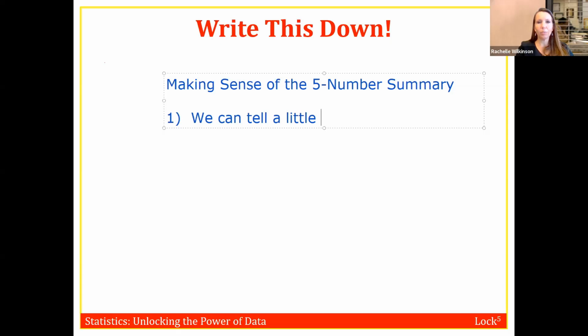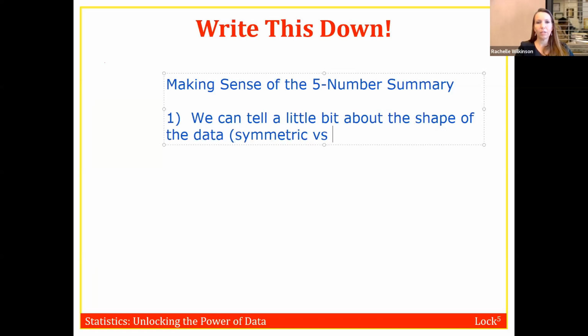So we can tell a little bit about the shape of the data, symmetric versus skewed, from the numbers in the 5-number summary.